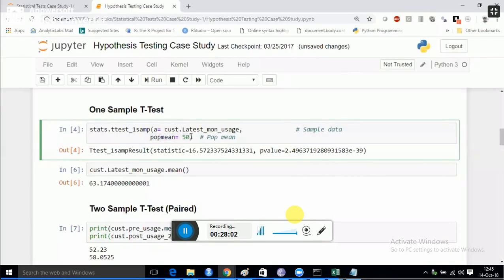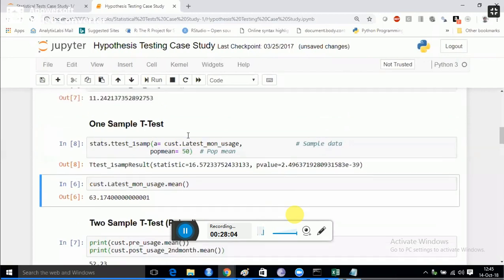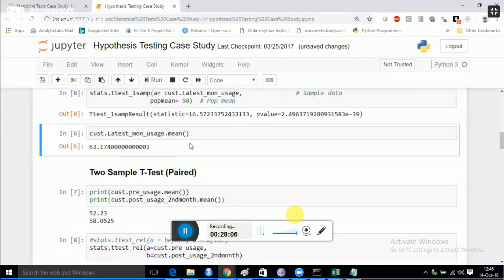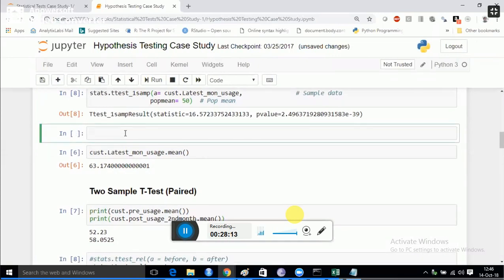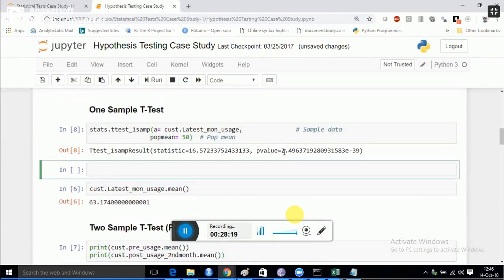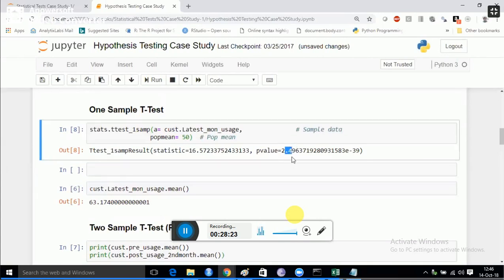I'll run it. Please look at the output. What is your test statistic here? Which score is your test statistic? It can be T or Z score. That's your test statistic. What's your p-value? It's not 2.4, it's 2.4 into 10 to the power minus 39. 2.4 E minus 39.